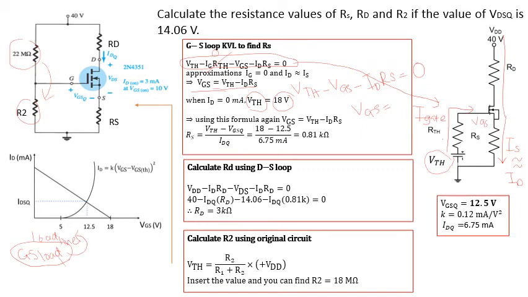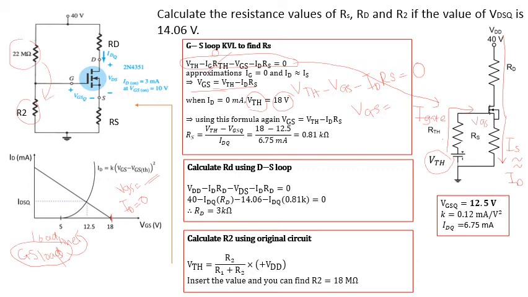So now, from this formula, when the ID is 0 at this point, because there is no intersection with the y-axis, at this point only the VGS value can be identified.